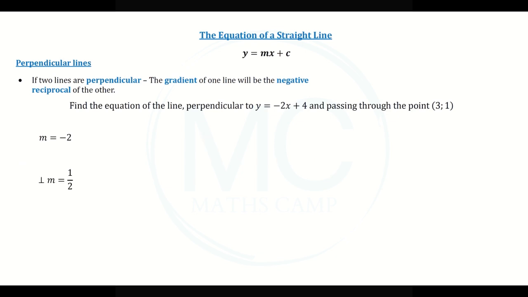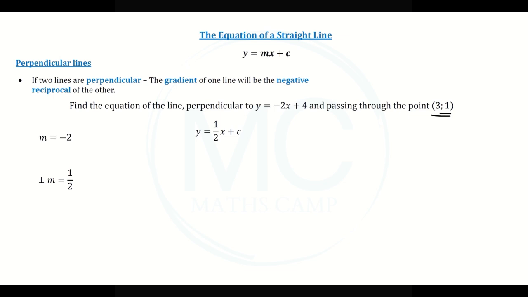Now we can tidy all of this up. Our perpendicular line will have an m value of 1 over 2. So the equation will be y is equal to 1 over 2x plus c. The line we are looking for passes through the point 3, 1. So let's substitute these values into x and y and solve for c.